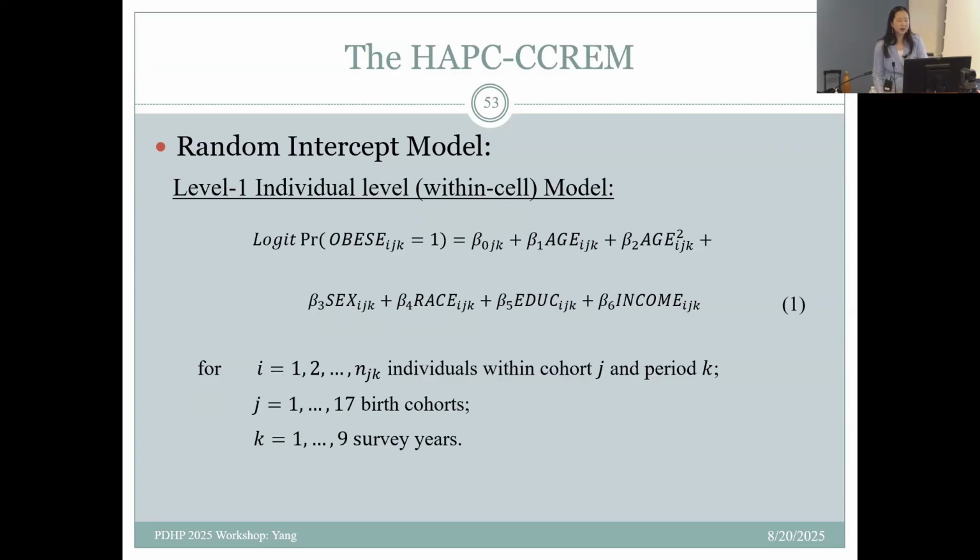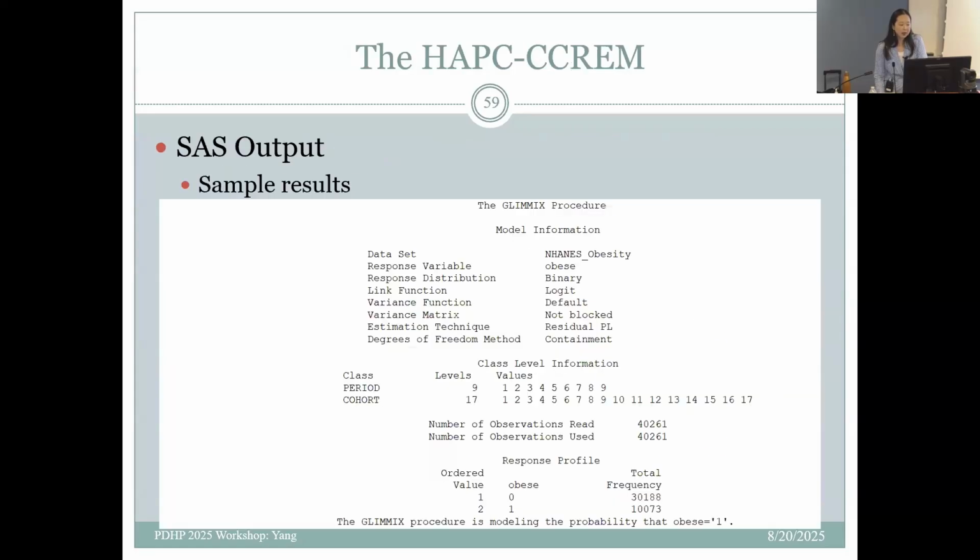And even when adding covariates through the specification, if you look at the subscripts of age, sex, race, and education, they're all specific to IJK, meaning individual I, cohort J, and period K. One can easily test the variance of any individual covariate listed here through their beta parameters. Here I'm testing a simple intercept model, so that's why beta 1 through 6 are fixed, meaning they don't have a JK subscript and I'm not testing their variance by J and K, but I can, as I later did, with the random coefficient model.